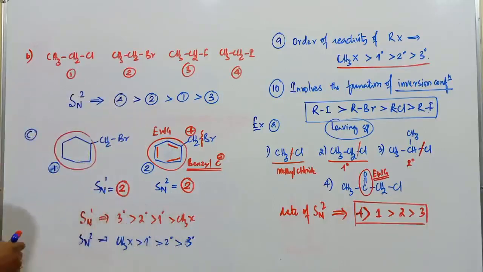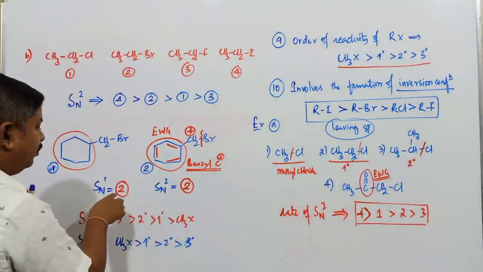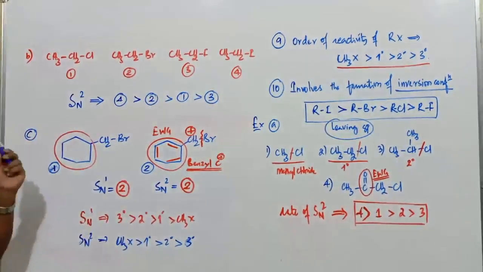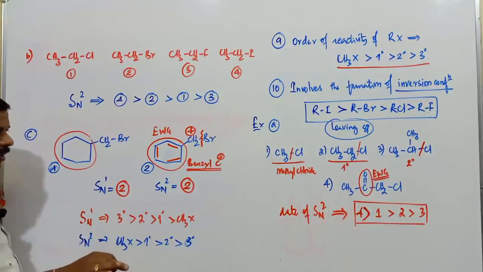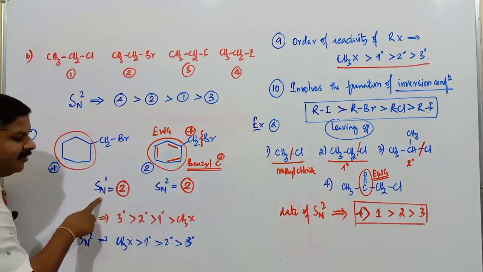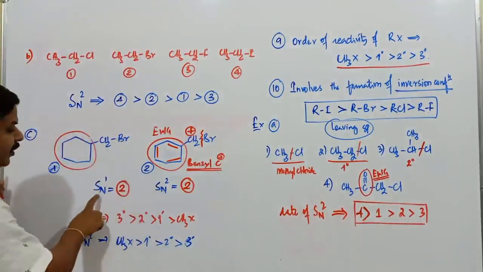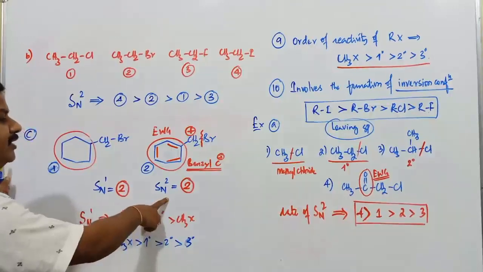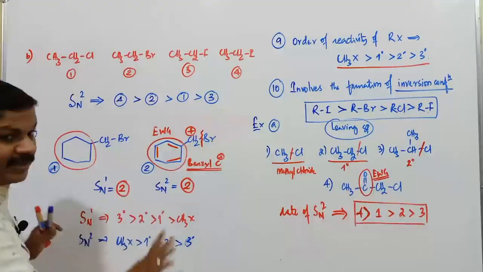When this is the reverse order of reactivity of alkyl halides towards SN1 as well as SN2, then how does a single molecule undergo both SN1 as well as SN2 mechanism? Then remember one thing: when the molecule satisfies both the conditions, that is towards SN1 as well as SN2 reaction, then that molecule may undergo either SN1 or SN2 mechanism.